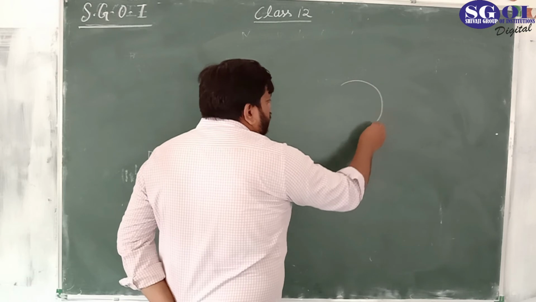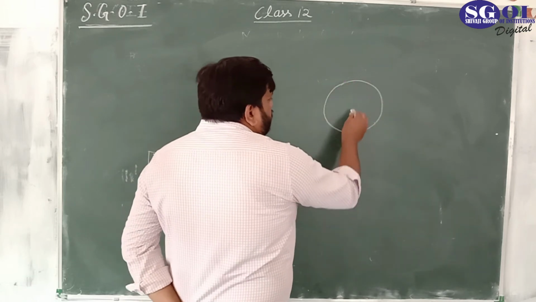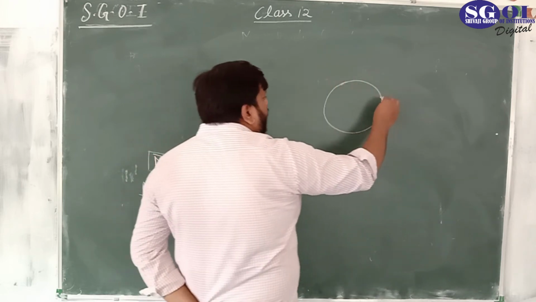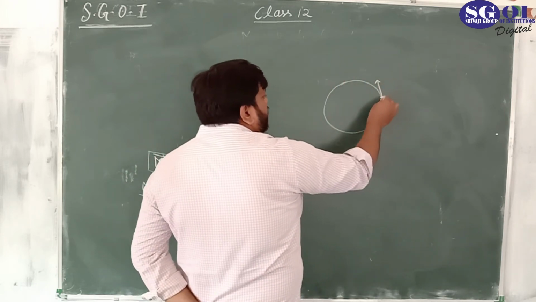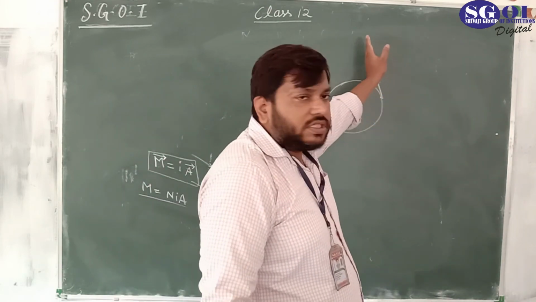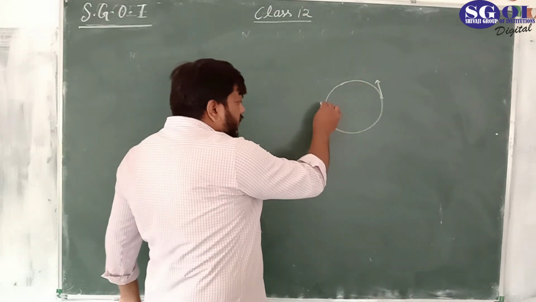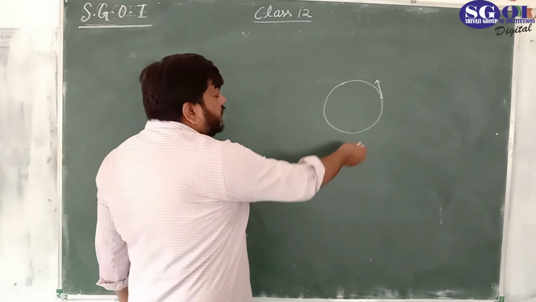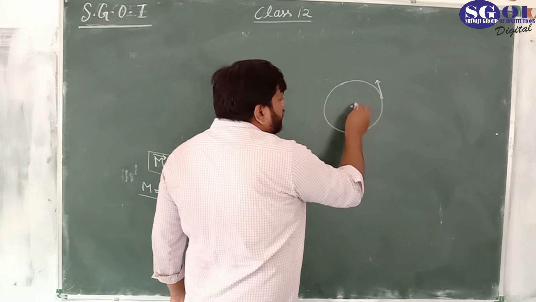Suppose this is an electron and it is moving like this. At this point the direction of the velocity of the electron is this, and at this point it is this way, meaning it is tangential to the circular path, and this is the center.